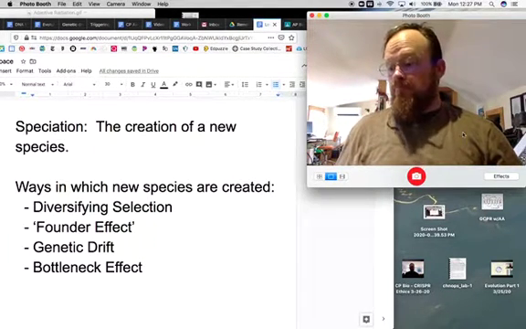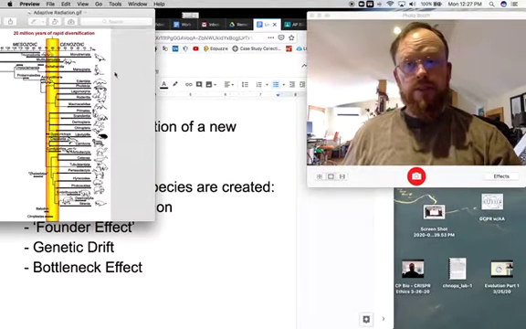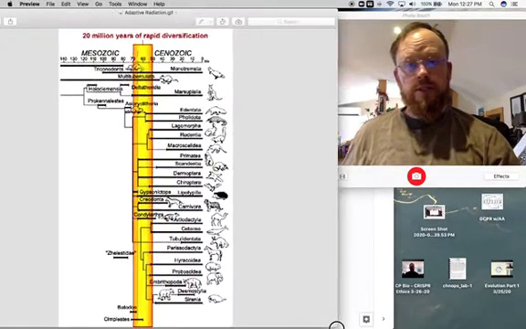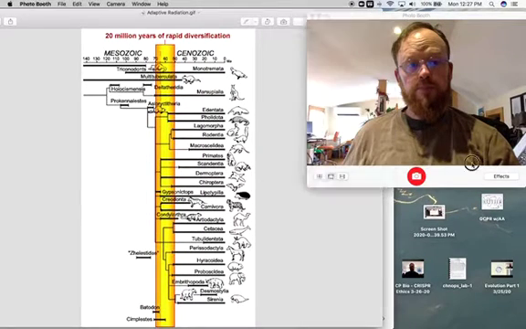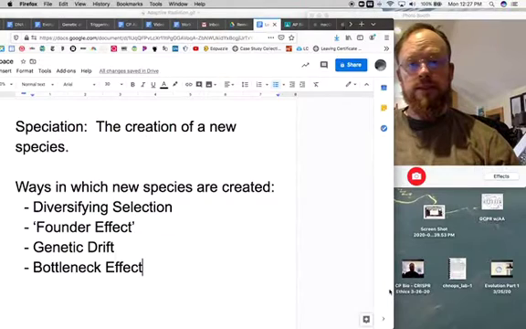Okay, one more thing to show you here, and that is this idea of adaptive radiation, which is this picture here. Let's make that large. Okay, so adaptive radiation is, let's write that down.